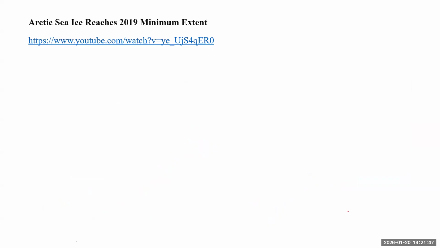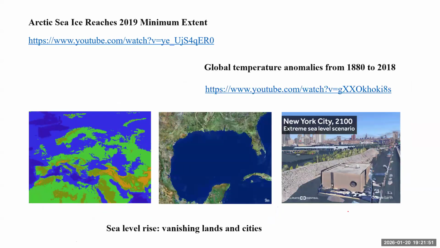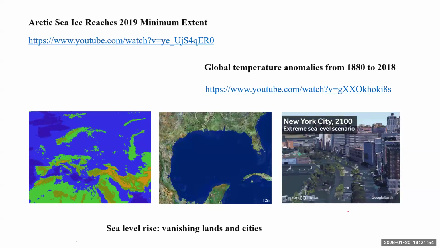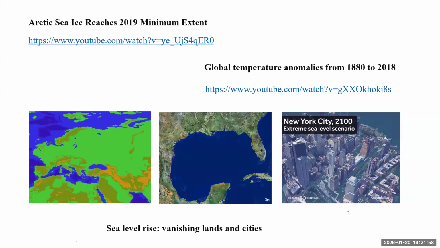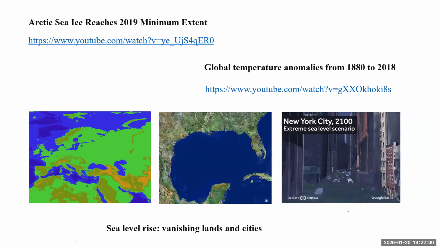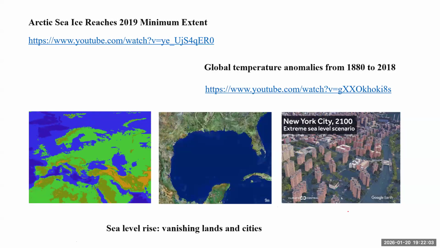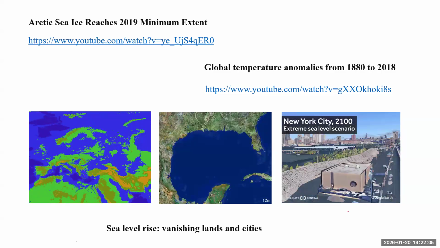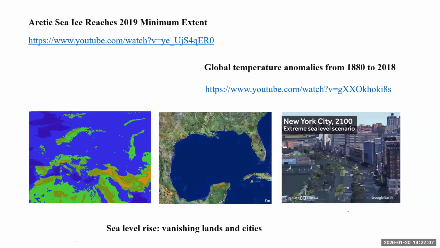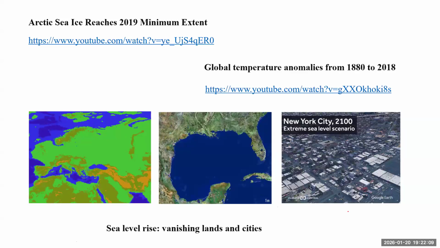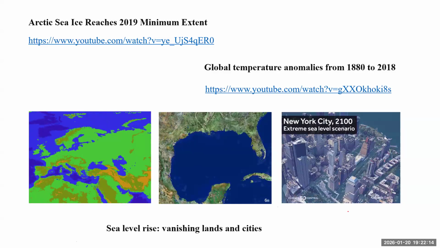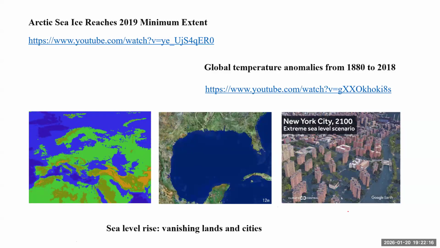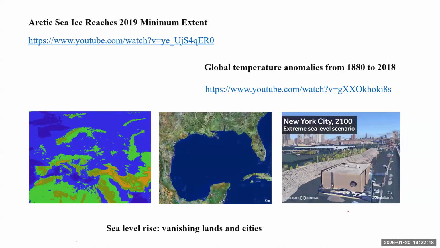For example, one is the melting of the Arctic sea ice. With the continuous melting of the Arctic sea ice and sea level rise, we will experience more vanishing lands and cities.